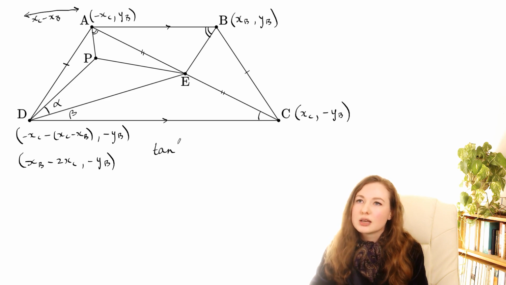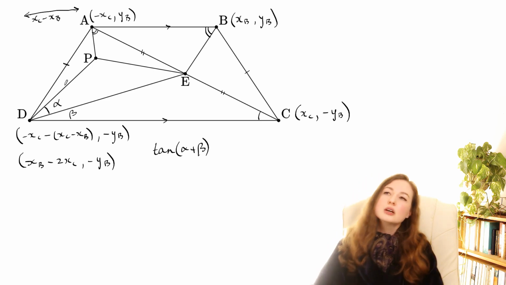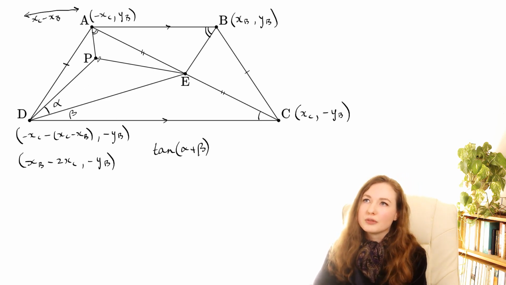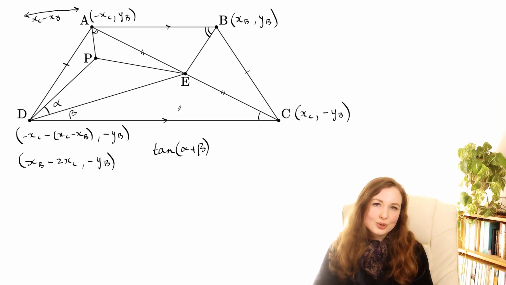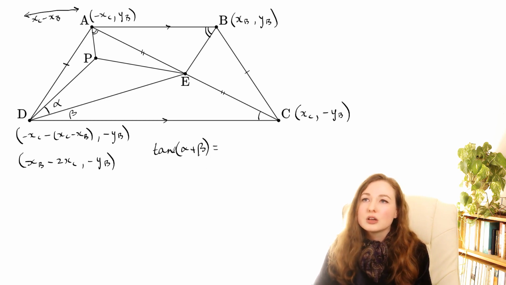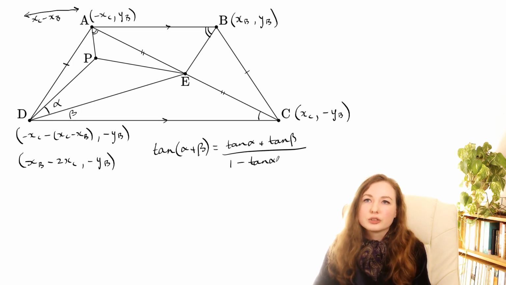So we want tan of alpha plus beta. That's going to give us the slope of that line so that we can work out the equation of the line, and the equation of that one as well, and then work out the intersection point, and that'll tell us the coordinates of P. So we can use the angle sum formula for tan: tan alpha plus tan beta on 1 minus tan alpha tan beta.